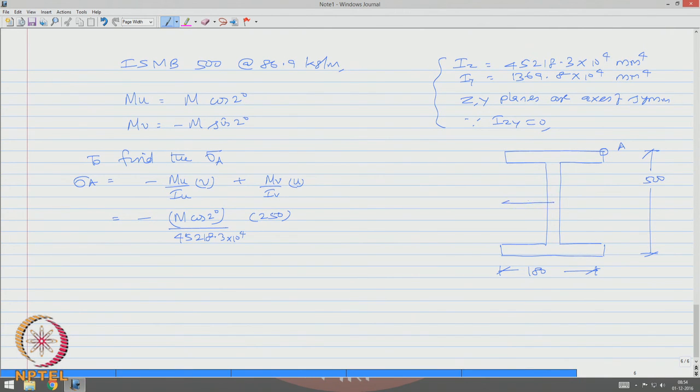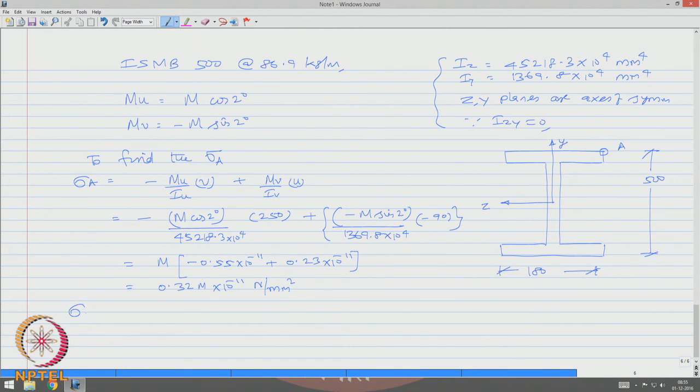So, from the CG it is going to be positive 250, plus MV is minus M sin 2 degrees by IV, that is IY, 1369.8 into 10 power 4, and U is minus 90, which makes this equation as M of minus 0.55 10 power minus 11 plus 0.23 10 power minus 11, which makes 0.32 M into 10 power minus 11 Newton per mm square.